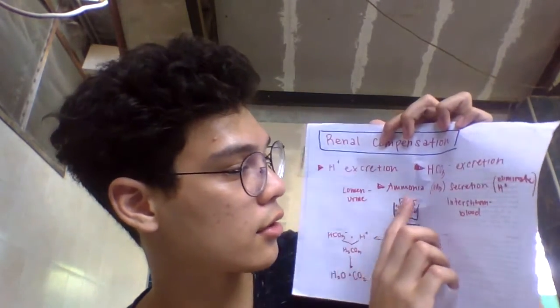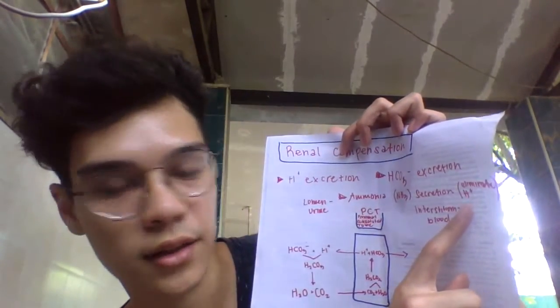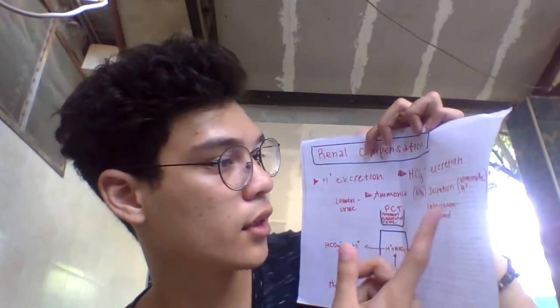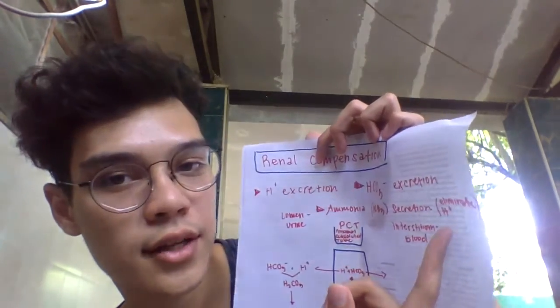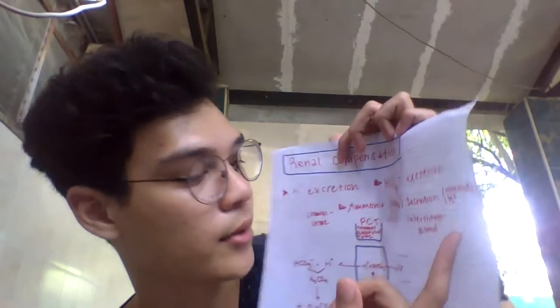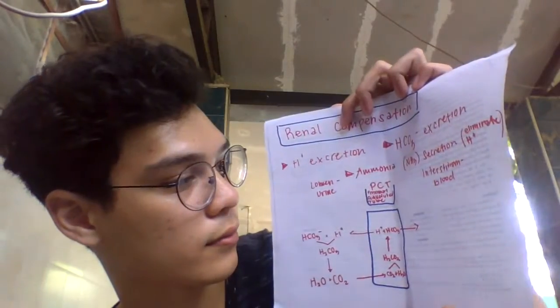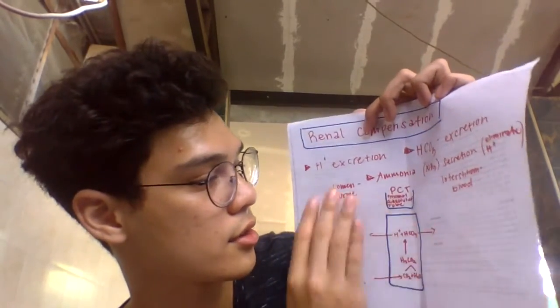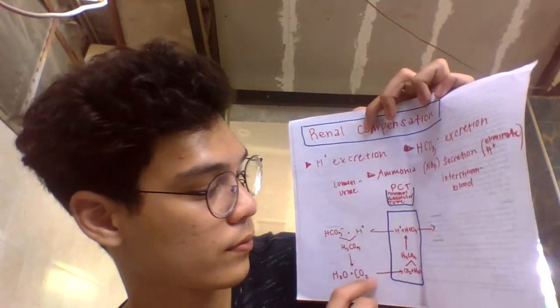The ammonia secretion here is used to eliminate H plus in the hydrogen ion through the different acids of the body. Yeah, that's basically what happens here. So this is the blood, this is the urine, and this is the proximal convoluted tube.